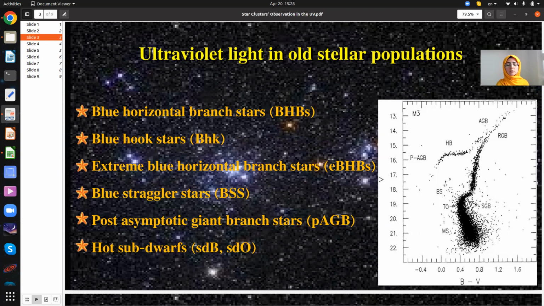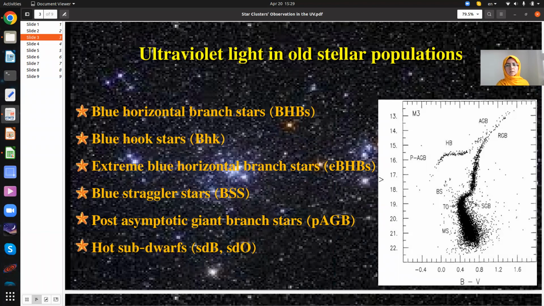Galactic globular clusters in the halo region of the Milky Way are less crowded in UV, and hence their observation in the UV regime allows one to probe and separate the bright stars effectively.